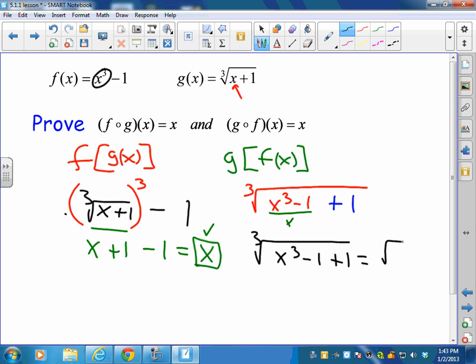Then you get the cube root of x to the third, and again the cube root cancels out the x cubed, and I just get x, which is what I was going for. And that's how you can prove algebraically that two functions are inverses of each other.